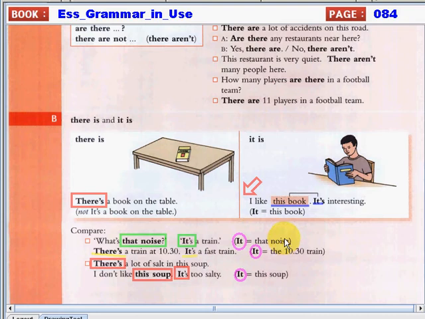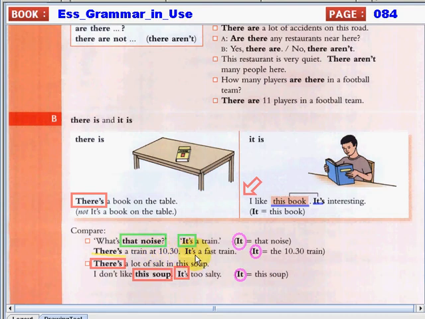Let's go on to the second one. There's a train at 10:30. It's a fast train. It is the same as the 10:30 train. The two sentences are in one line, so we cannot say there's a train at 10:30.